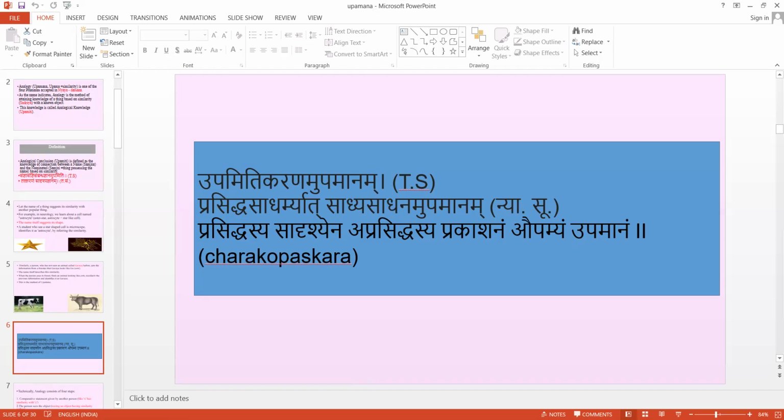To get Upamiti knowledge, you need Upamana Pramana. So Upamiti Karana: the instrument you use to get Upamiti is called Upamana Pramana.